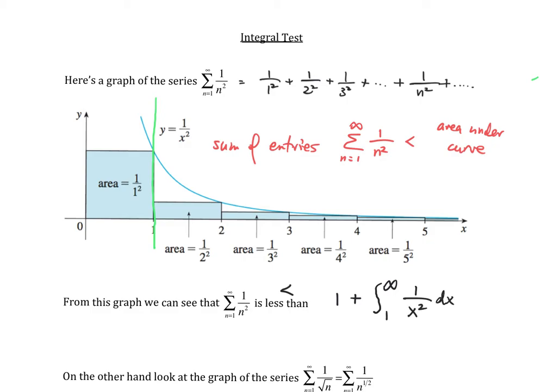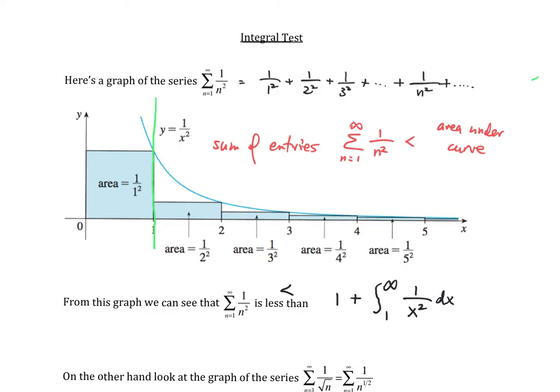Just to be perfectly clear, the 1 is the square on the left side of the green line, and this integral from 1 to infinity of 1 over x squared is the area from 1 to infinity.